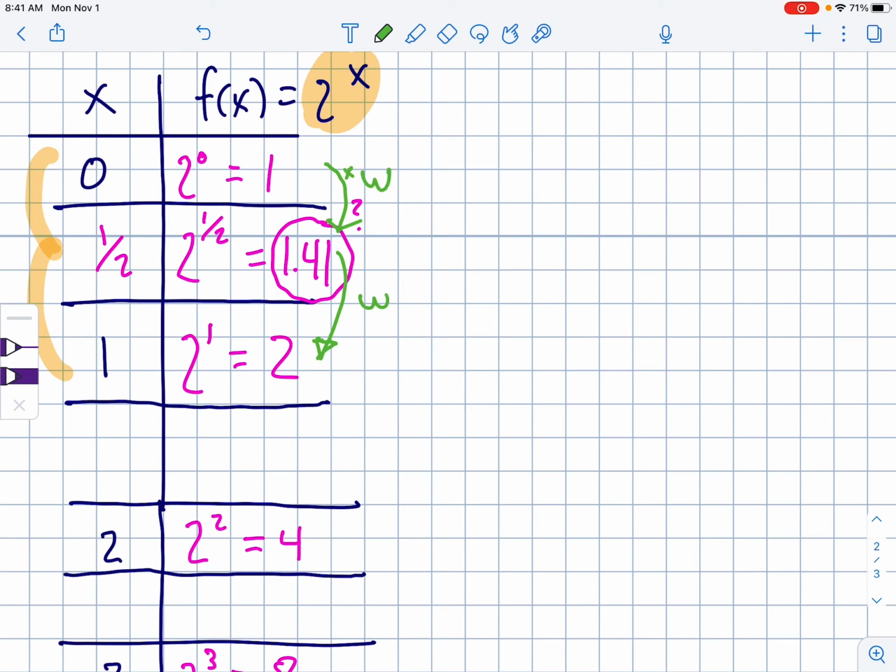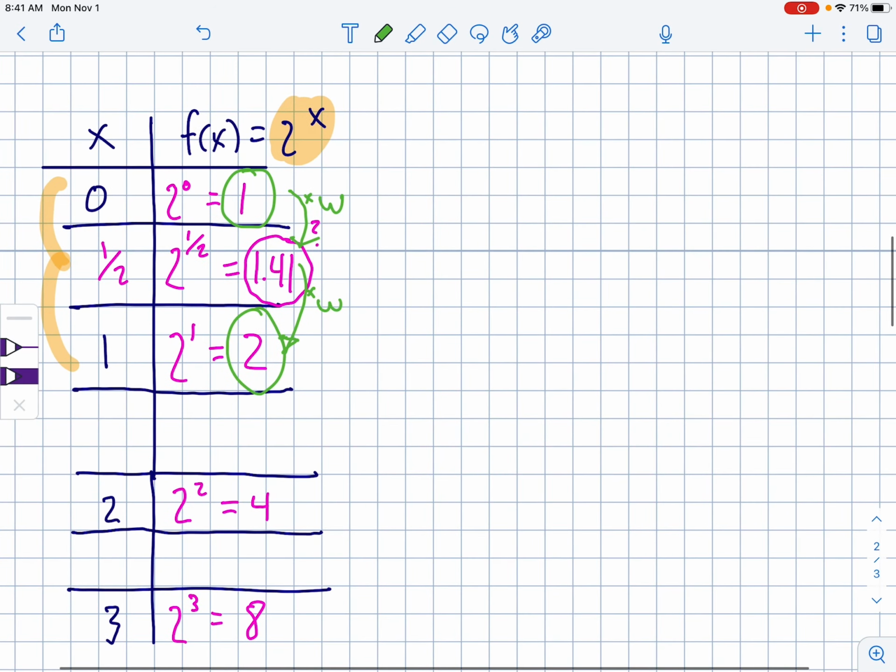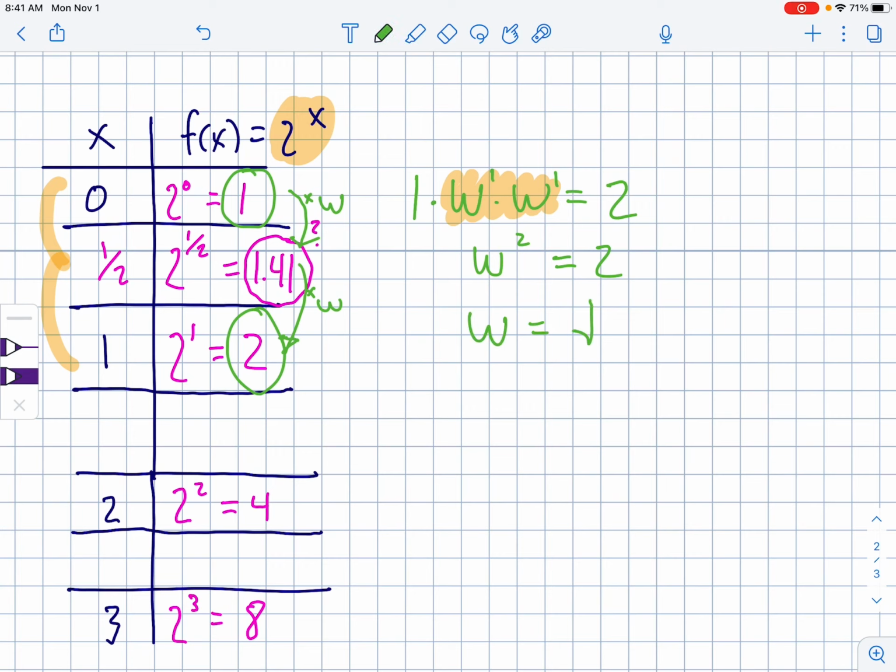That means there was a times W that happened to take a 1 and turn it into a 2. So if 1 times W is equal to 2, that means W squared is equal to 2, because W times W, remember you add their powers, that's W to the 1 times W to the 1, so that's W to the 2 power. But then to cancel out a square, you can do the opposite of squaring it and square root it.